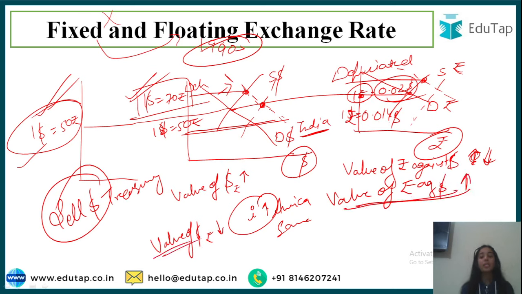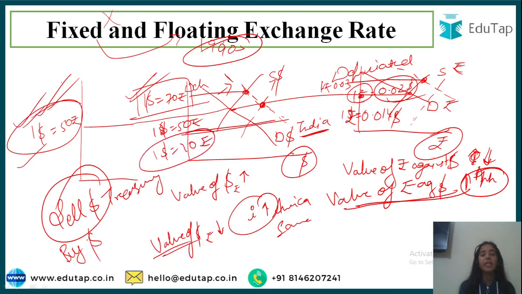If our currency is appreciating, then the Reserve Bank of India will buy dollars, because the RBI cannot let 1 rupee become 0.03 or 0.04 dollars, or $1 equal to 30 rupees. No, because the RBI has already said that we will maintain $1 equal to 50 rupees. So the RBI will try to buy the dollars, which means it will try to increase the demand for dollars.